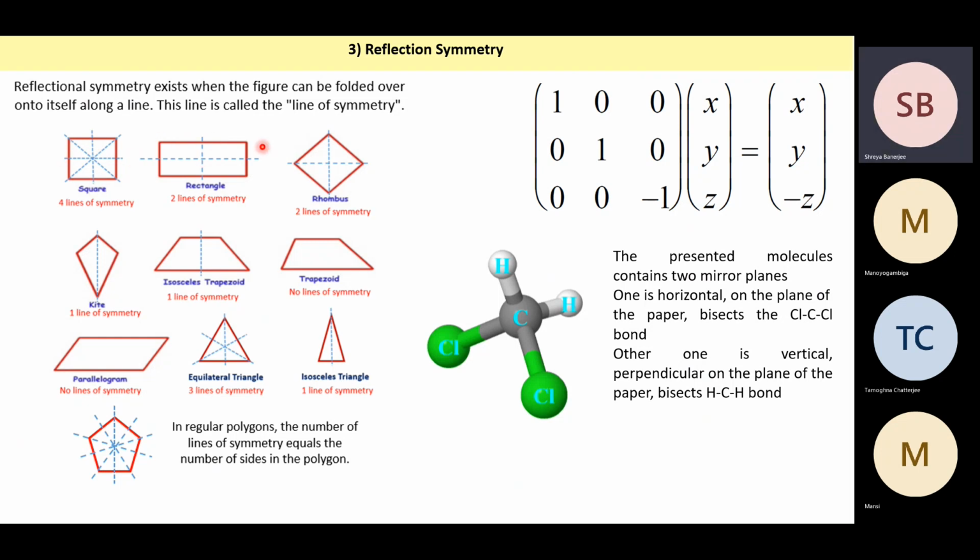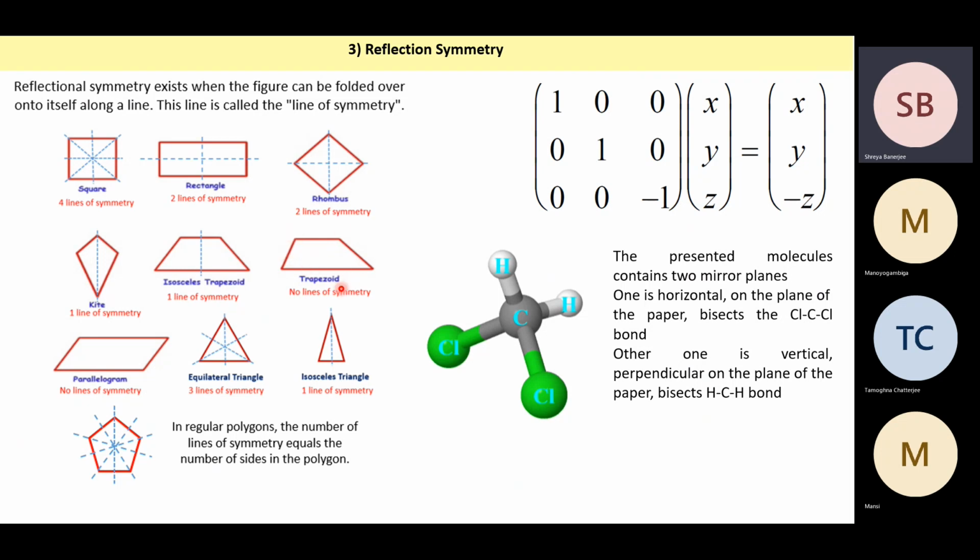Now in a rectangle, the two sides are of different sizes, and so the number of lines of symmetry is reduced to two. If you have a less symmetric structure like a trapezoid, you will only have one line of symmetry, or one reflection symmetry, and the same for a kite. There are other less symmetric structures, like a non-isosceles trapezoid, where there are no lines of symmetry.